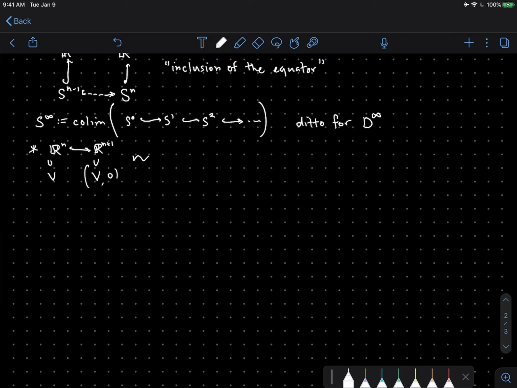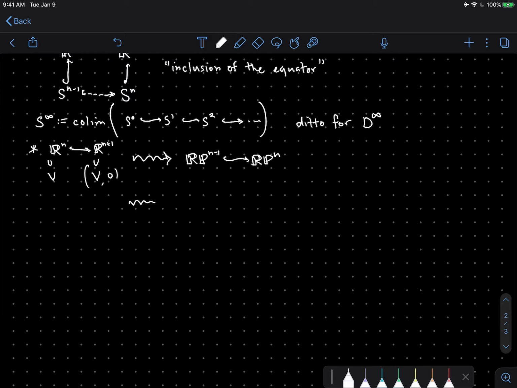So what this means is that we also get a map from RP n minus 1 including into RP n.